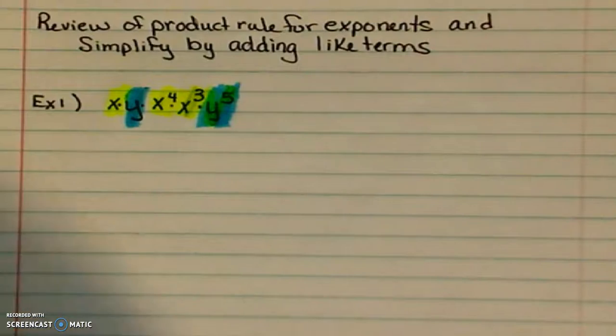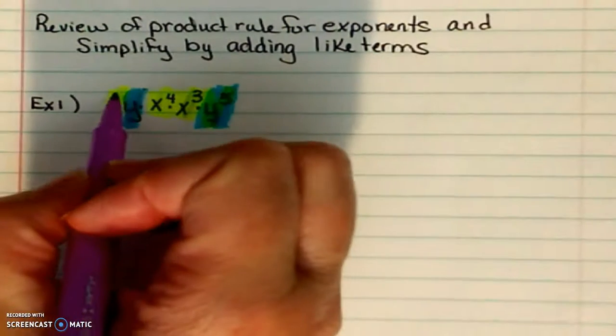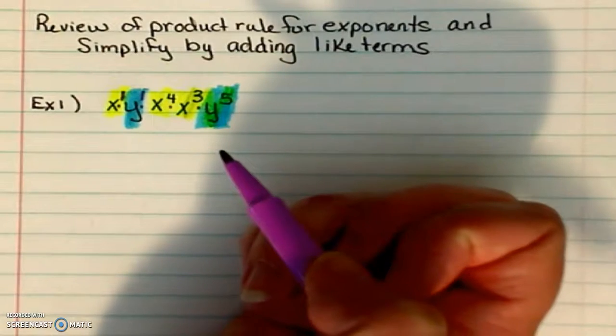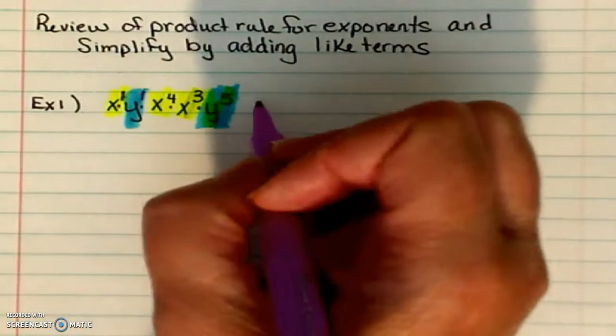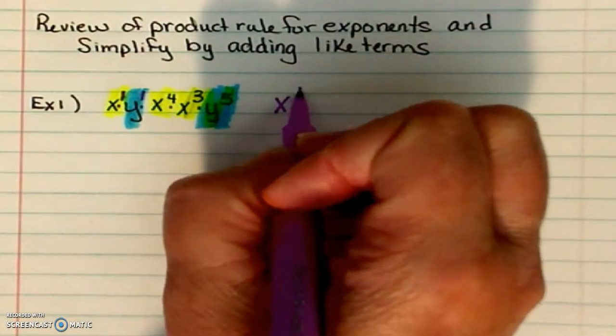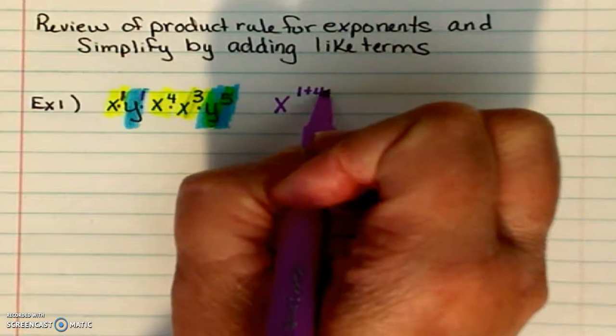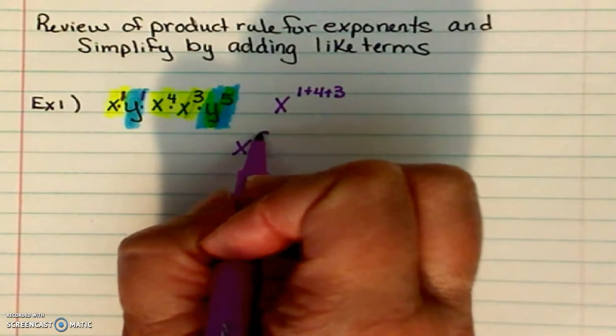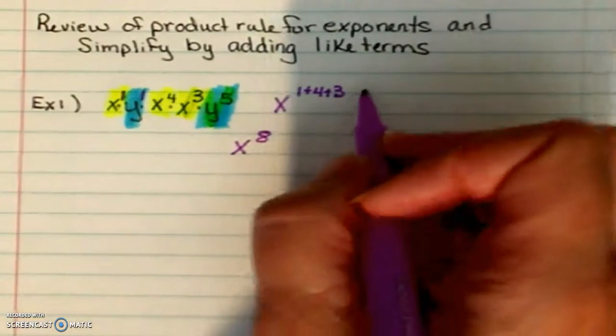As we multiply these, we want to add the exponents together, and remember, if there is no exponent, it becomes a 1. So the x is going to be 1 plus 4 plus 3, which means in my answer it's going to be x to the 8th when you add those together.